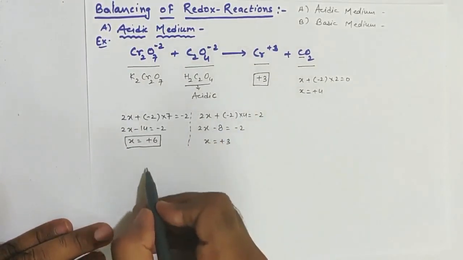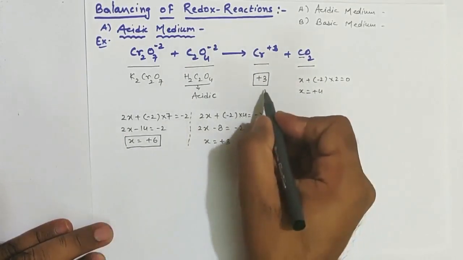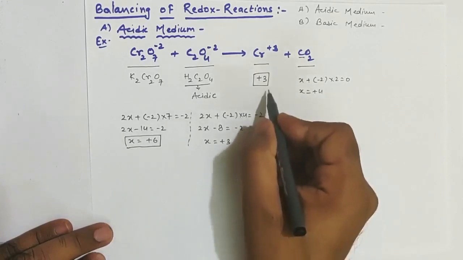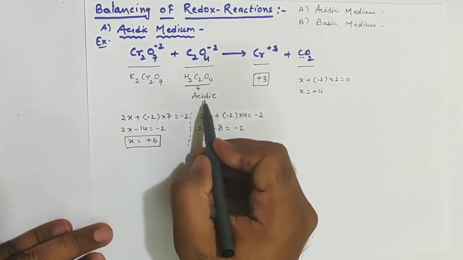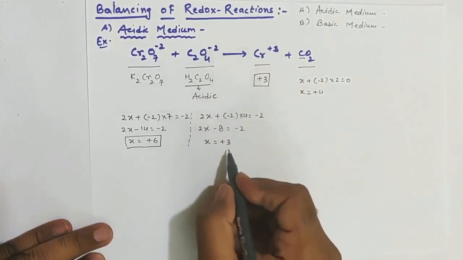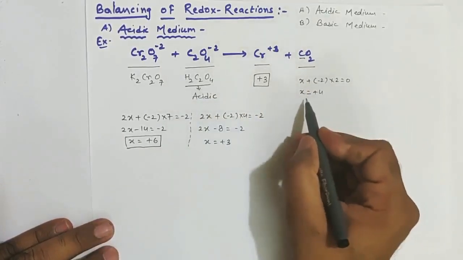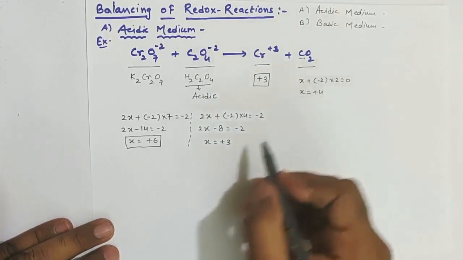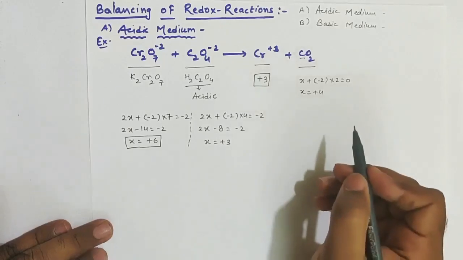So there is a decrease in oxidation number. So this process is the reduction process. The carbon atom in oxalic acid is present at +3 oxidation state, and it converts into CO2 having +4 oxidation state. So there is an increase in oxidation number. So this process is the oxidation process.